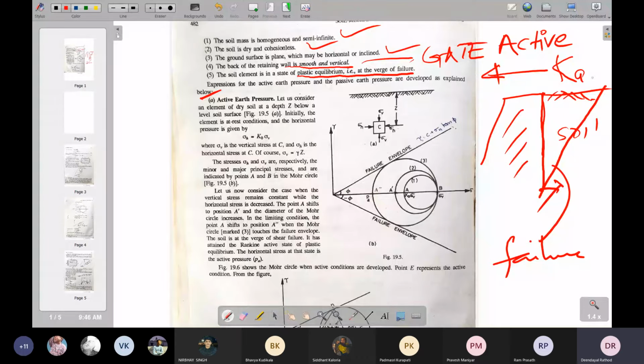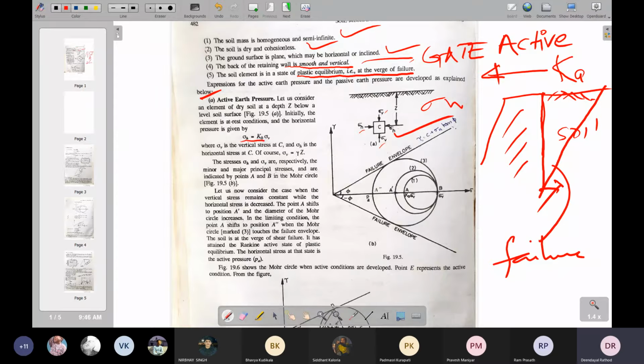Now let us assume a small element here. This is the vertical stress and this is the horizontal stress. We are interested in the horizontal, right? The vertical we already know. So this is the at rest condition.